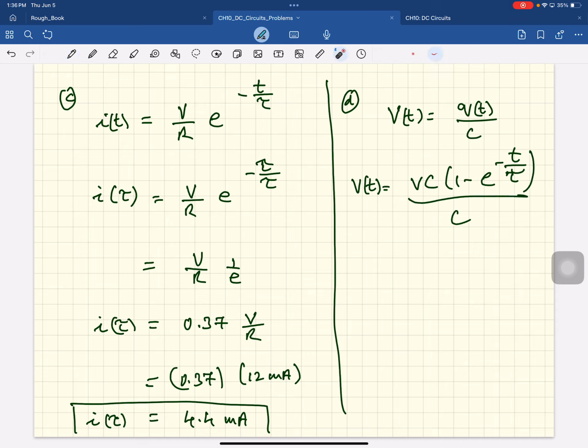So this is the charge on the capacitor as a function of time. That's the voltage of the battery times 1 minus e to the power of minus t over tau.